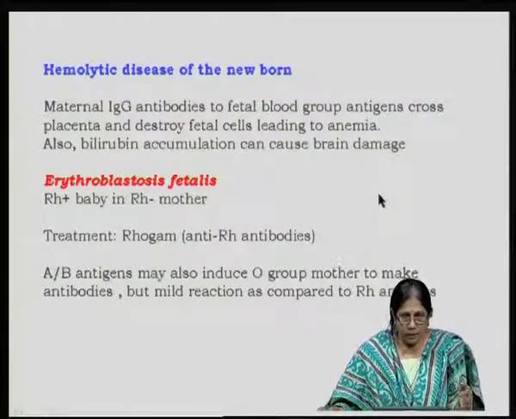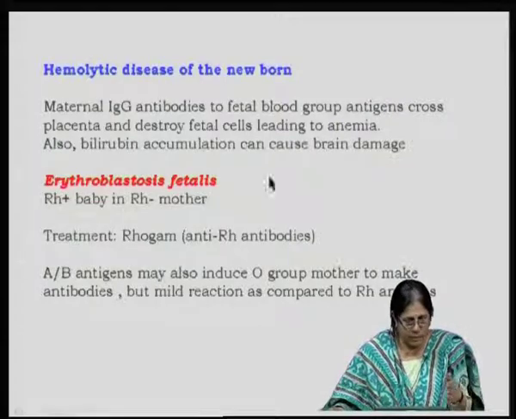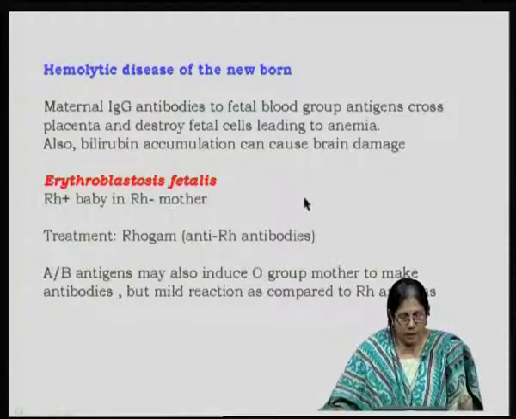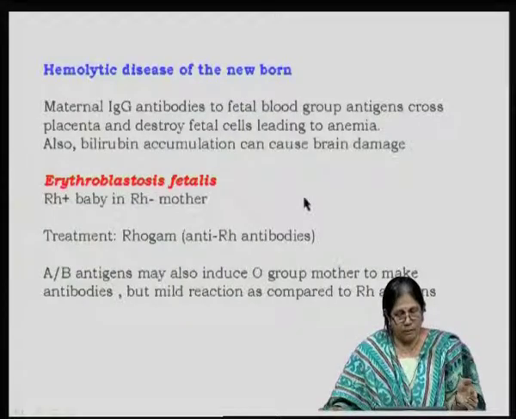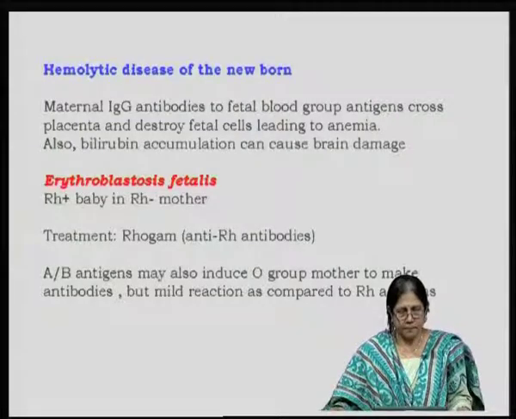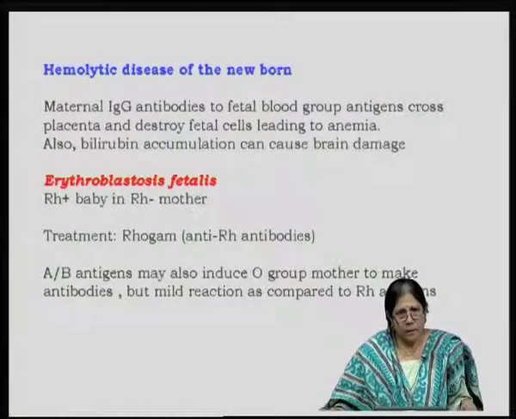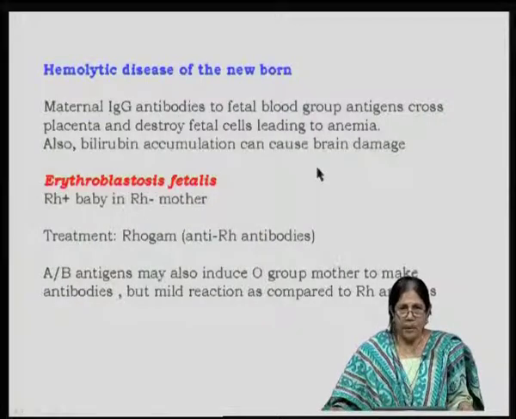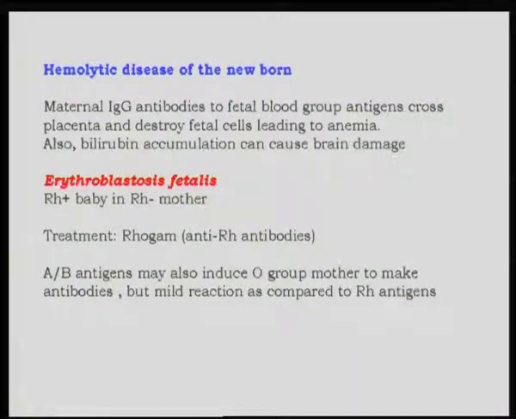Now, let us see what would happen in case of this erythroblastosis fetalis, because this is presented when an Rh negative mother has an Rh positive baby. The first child usually is safe because there is this blood barrier between the mother and the child, and only IgG antibodies can go through, and anyway the mother has not even made any antibodies to the Rh positive, because of this barrier the mother's immune system has not been exposed to the Rh factor.